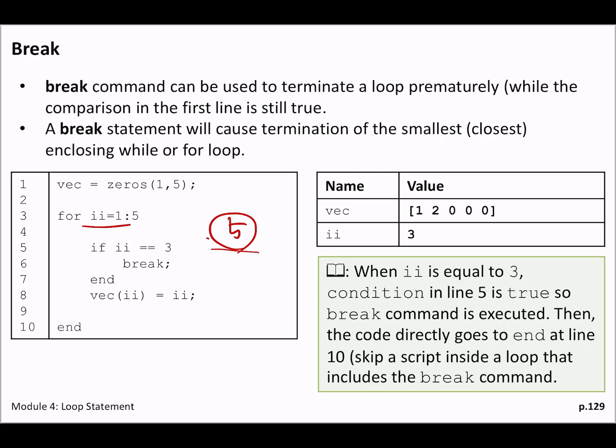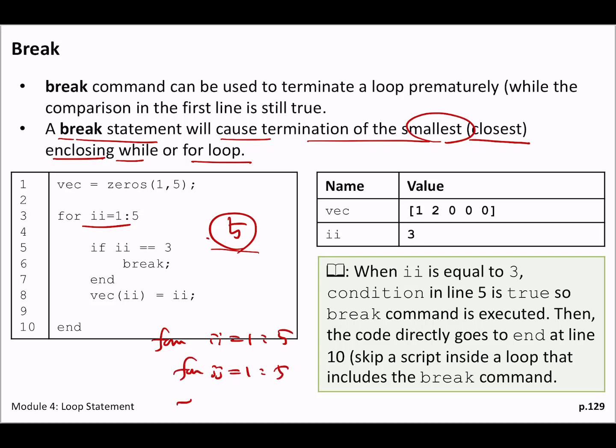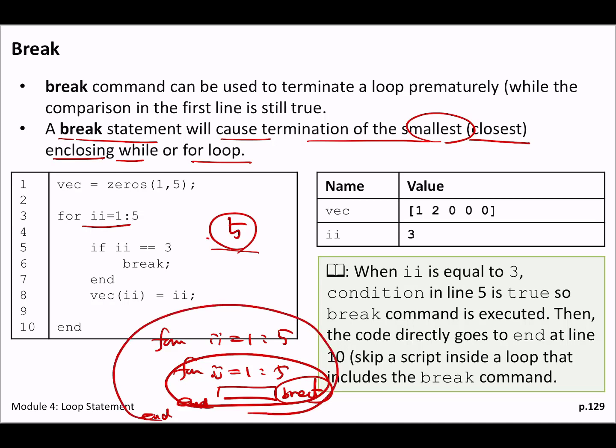The break statement will cause termination of the smallest, closest enclosing loop structure. Meaning that if you have a nested loop, for instance ii equal to 1 to 5 and jj to 5, and you have a break command here, you can only escape from this inner loop. The break command does not escape the outer loop because you only escape one single closest loop. Okay?